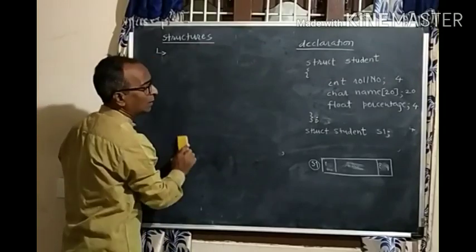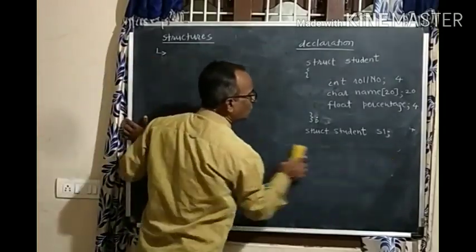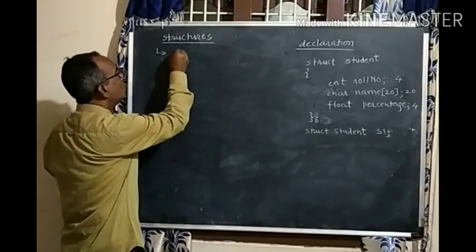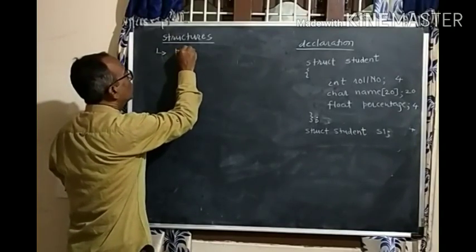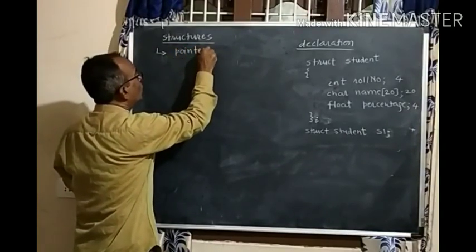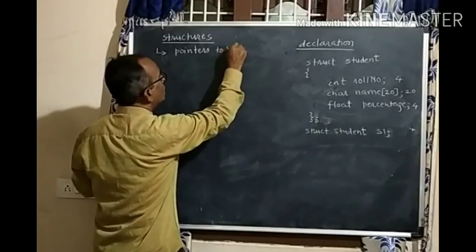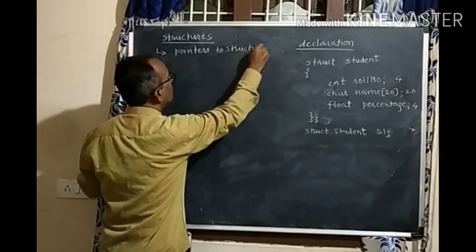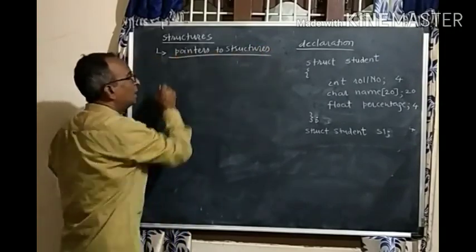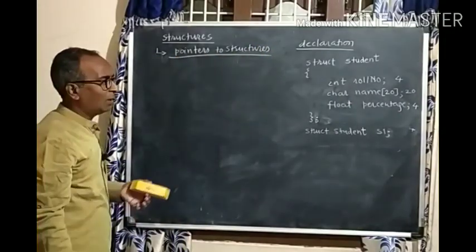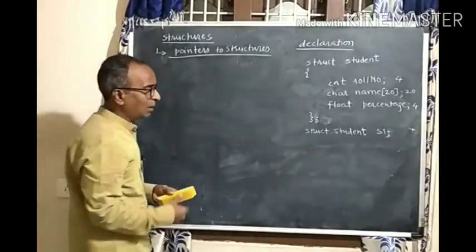Now for our linked list concept, we should know pointers to structures. Already we have seen pointers. How can we create a pointer variable here?